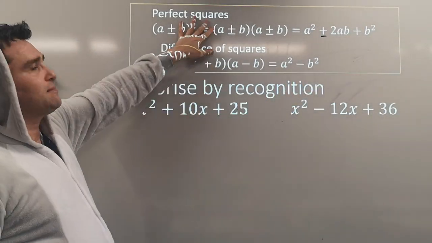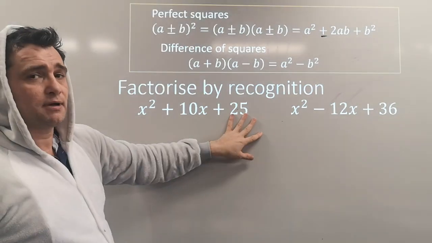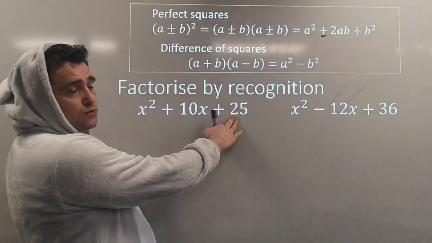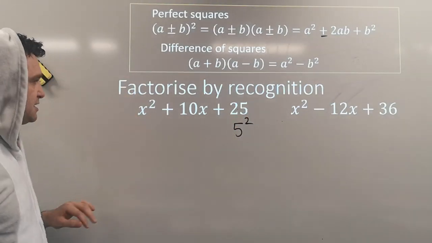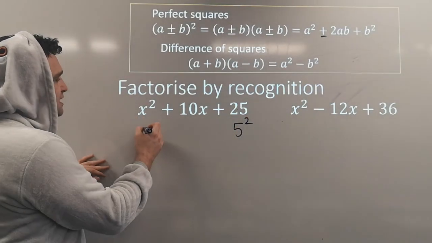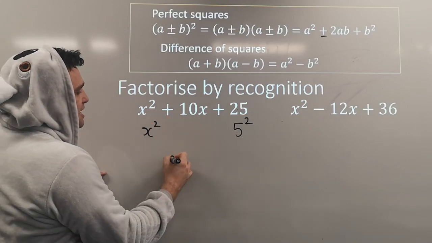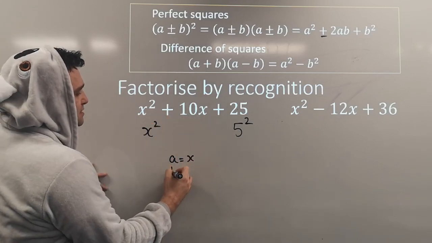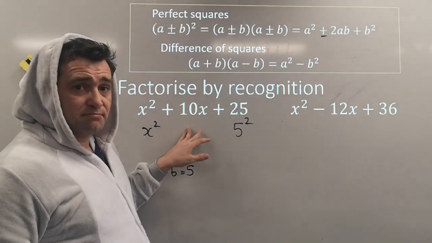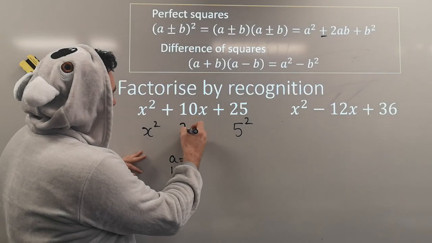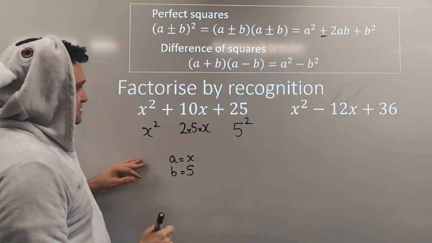So we're thinking about, is this a perfect square? The first thing I do is look at my last term. Is this a square number? Yes. This is 5 squared. Is my first term a square? Yep, x squared. So then my a would be x, my b would equal 5. That would mean this middle term would have to be 2 times 5 times x.